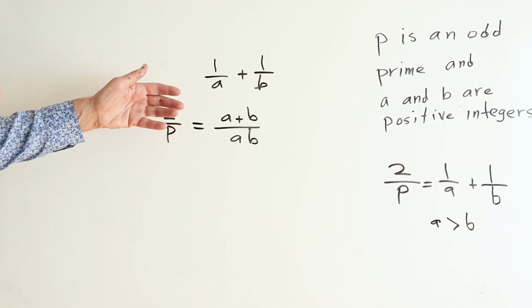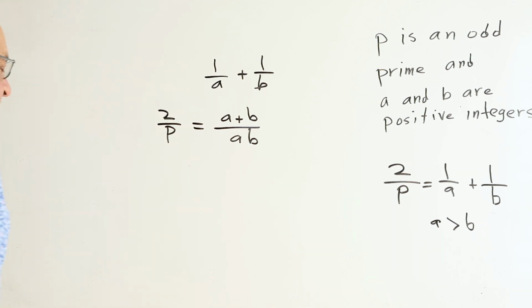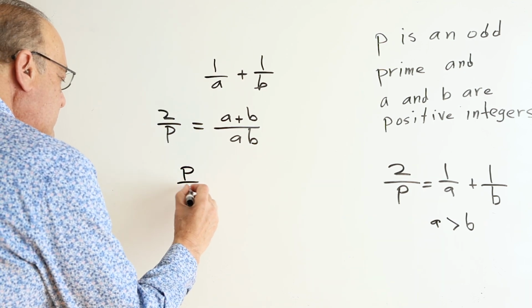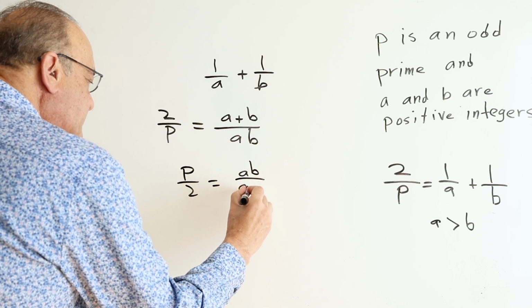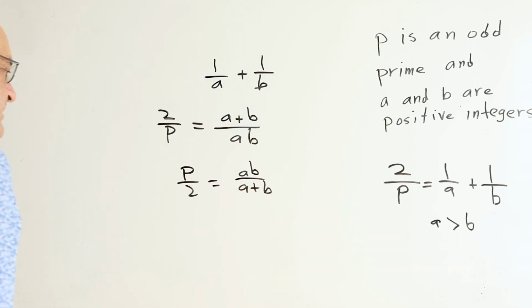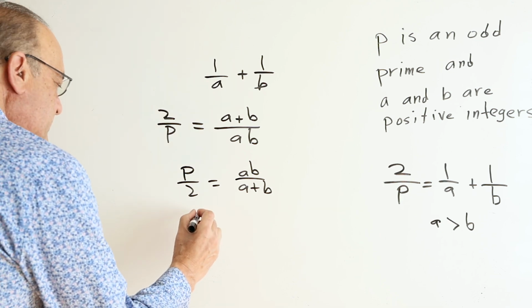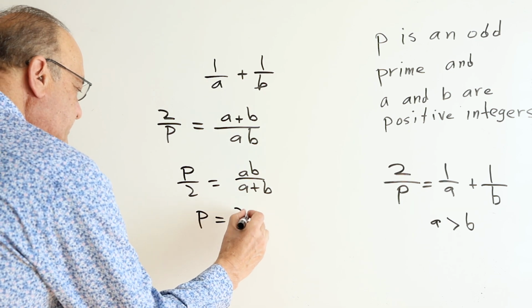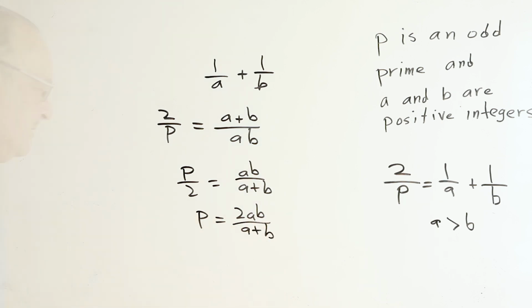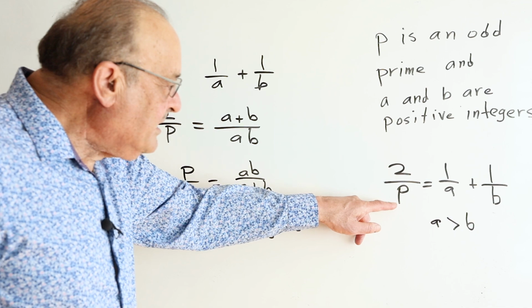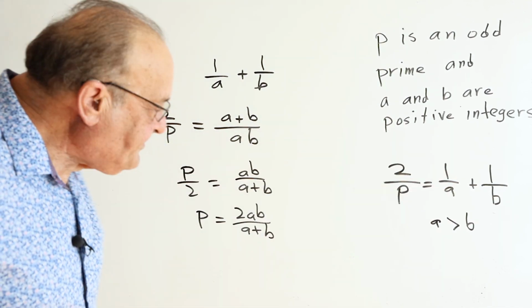Now, if we invert each of these, we have p over 2 equals ab over a plus b. Then if we multiply both sides by 2, we get p equals 2ab over a plus b. And that's the formula for the harmonic mean. So now we've proved that p is the harmonic mean of a and b.